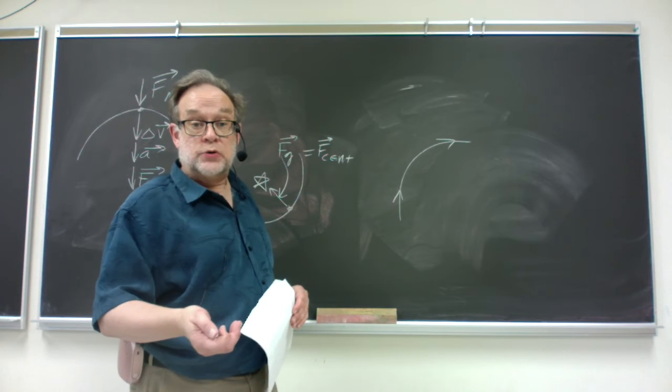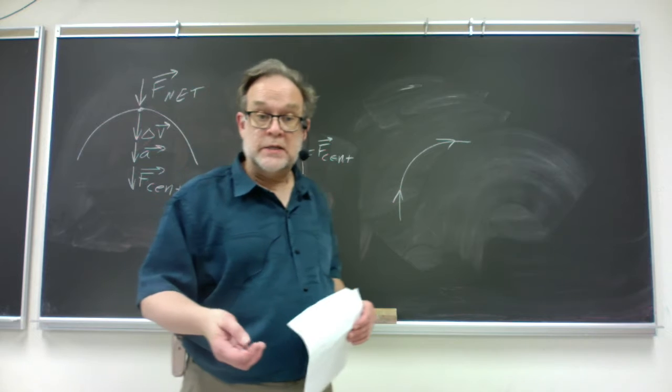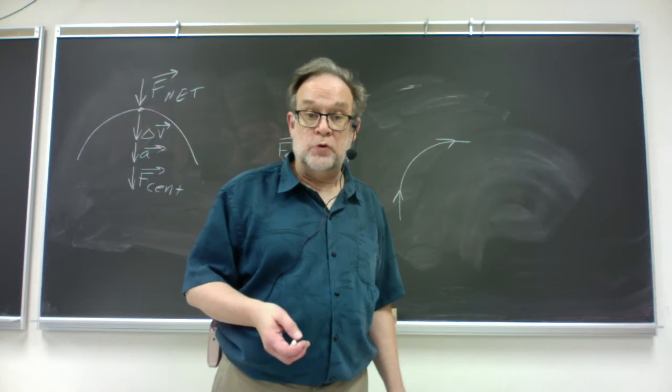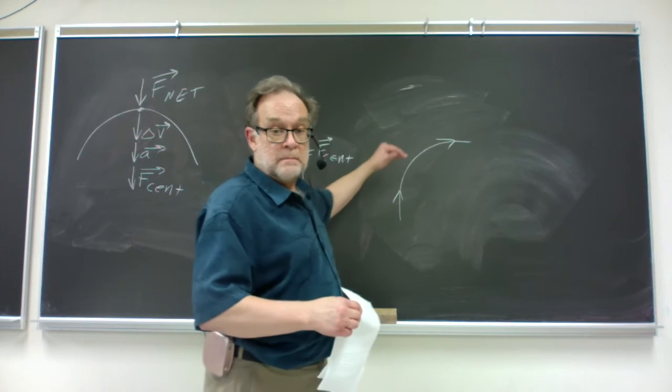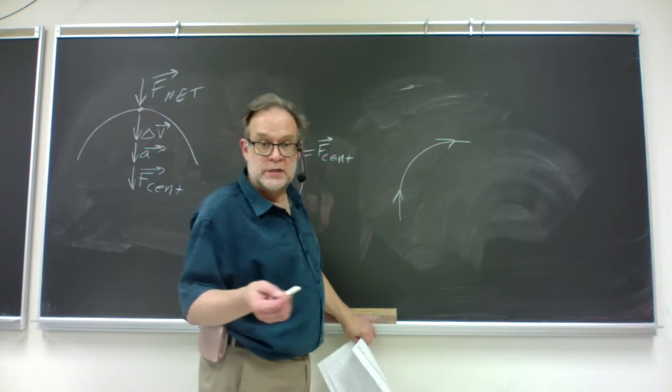So while you're in a circular path, some forces must be acting to supply a centripetal force and keep you in that circular path. What's the force in this case?